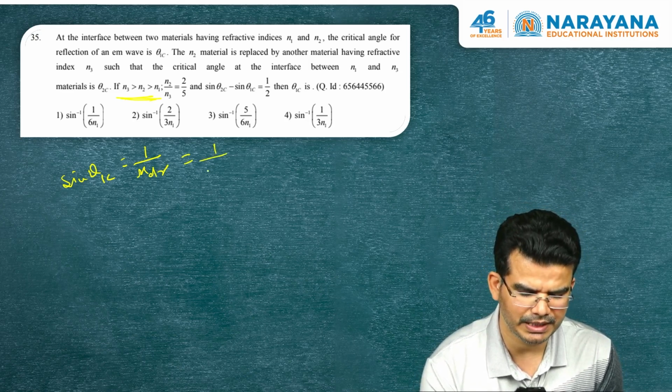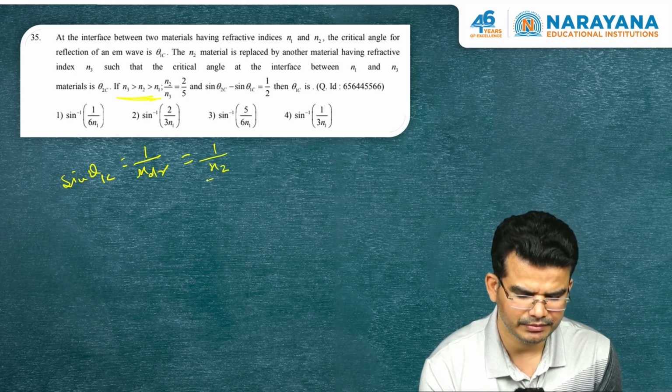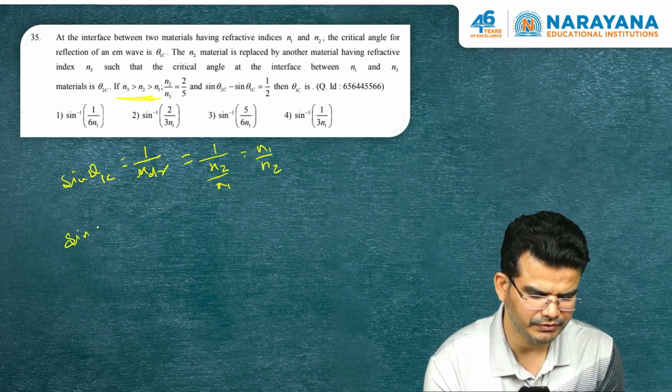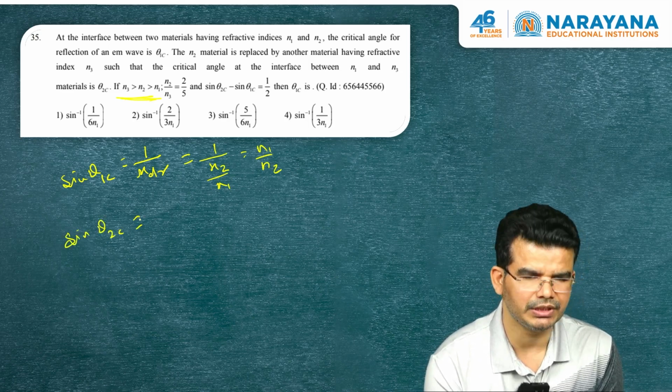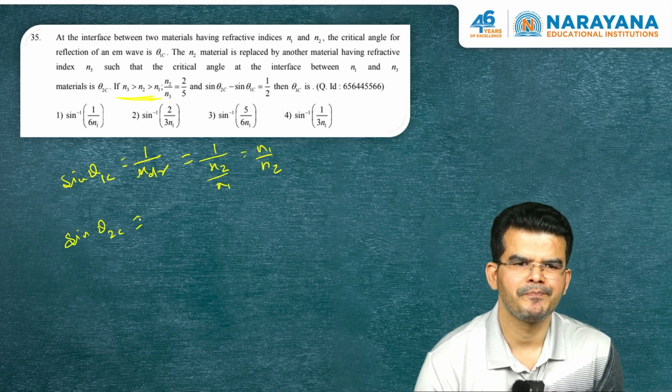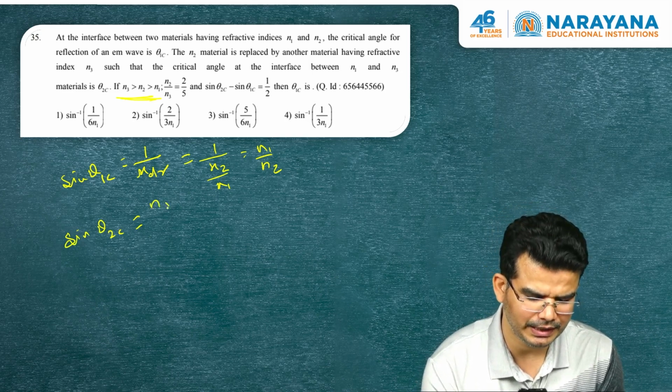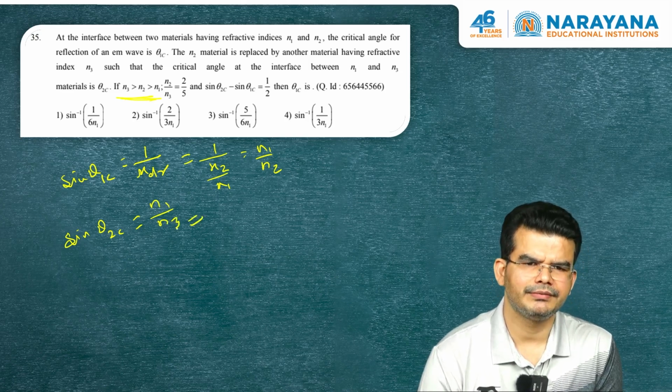So it will be 1 upon N2 by N1, which will be simply N1 upon N2. By the same logic, what will sin theta 2c be? Sin theta 2c is for which media? Just check. It is for N1 and N3. Again N3 is greater. So I can directly write it is N1 upon N3. Very simple. Correct?